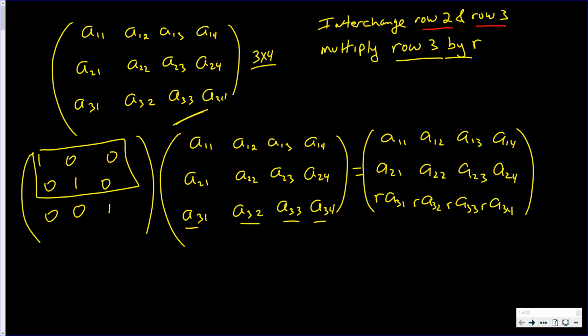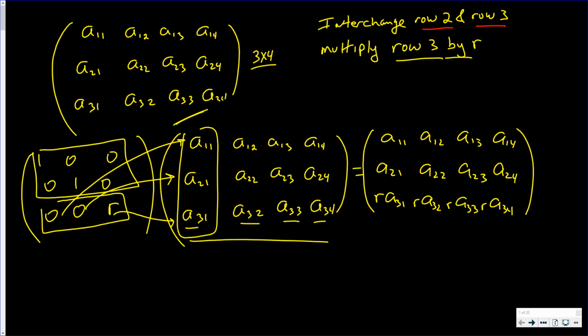Now, when I multiply the third row by this matrix, I want to get back r times the third row. Well, let's consider the first column. 0 times that is 0. 0 times that is 0. So far, the sum is 0. Well, if I want to get r times A31, that better be an r.